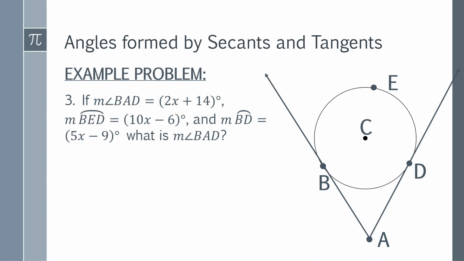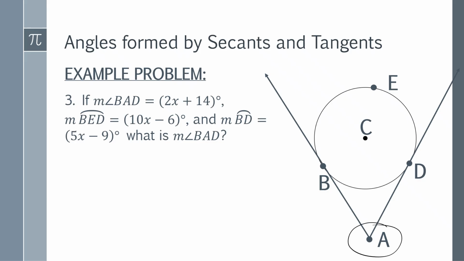Algebra. If the measure of angle BAD is 2x plus 14, the measure of major arc BED is 10x minus 6 degrees, and the measure of arc BD is 5x minus 9 degrees, what is the measure of angle BAD? So again, in this figure, you can see that the intersection of these two is found outside the circle.